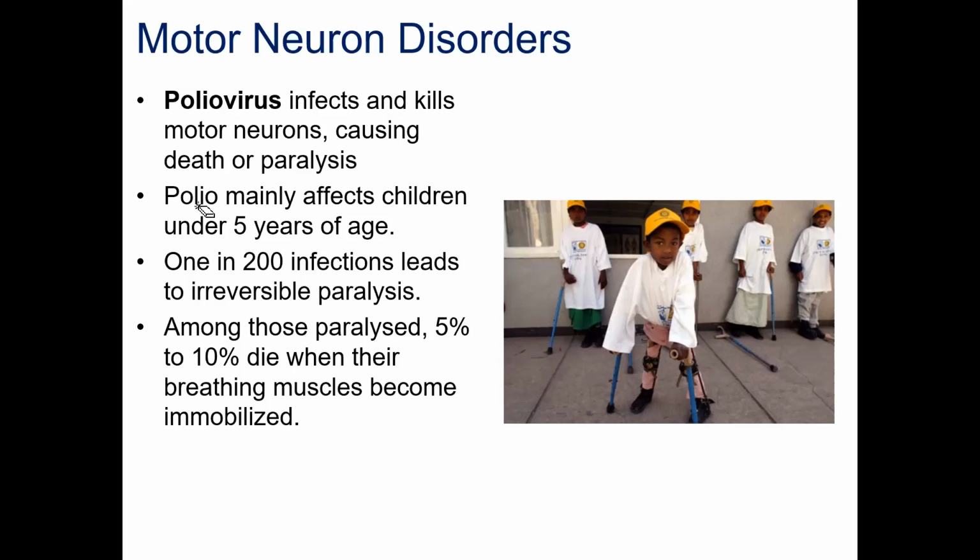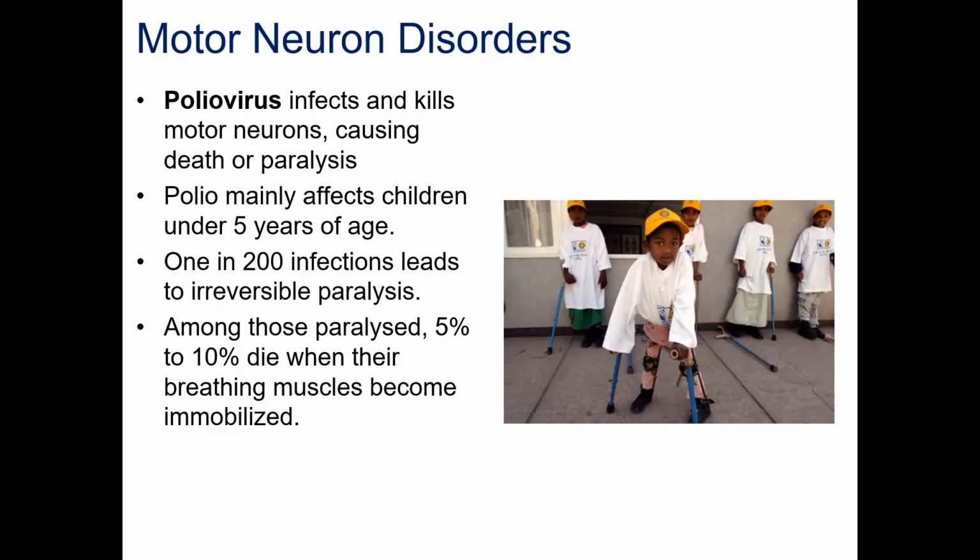And polio mainly affects kids that are under the age of 5, which is why we have the polio vaccine. And we were actually really close to eradicating polio. But at one point we were just down to like a couple hundred of cases or something like that.